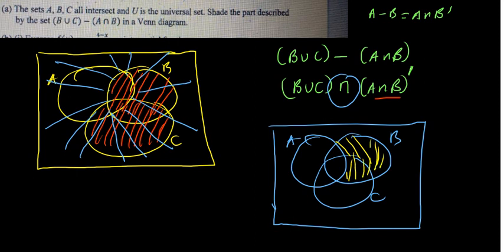Okay, like that. And then we also have the set C, they're also intersecting in that region. And then we also have this region here, they're also intersecting. So this is going to be it. You shade just everything but remove the intersection. You are going to shade B and C but remove where A and B are intersecting. So that is going to be it, and that is it for this one.